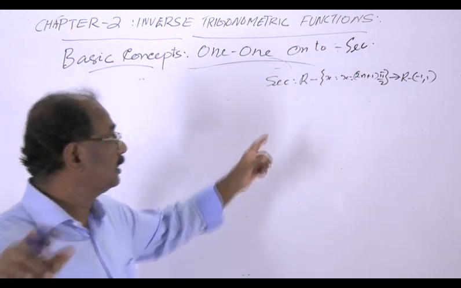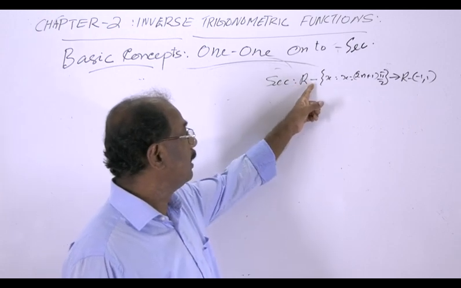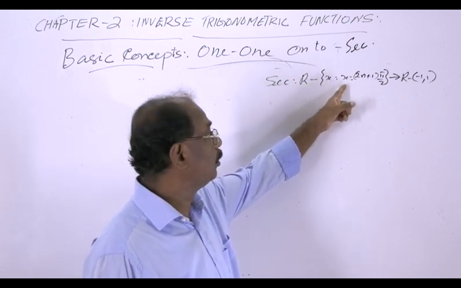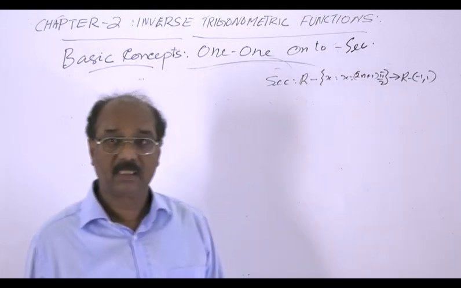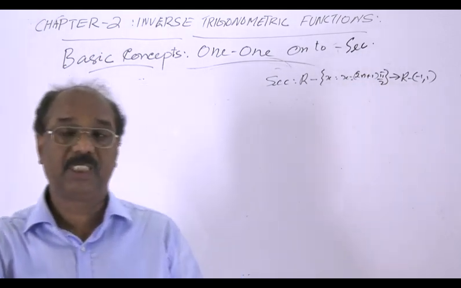So this is the secant function from R minus the set of x where x equals (2n plus 1) times pi by 2, to R minus the interval (-1, 1).